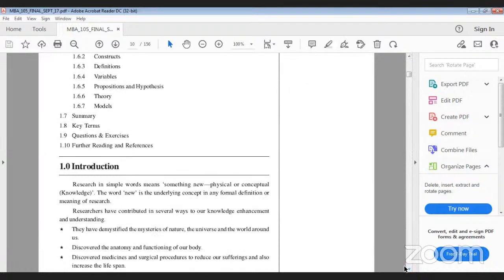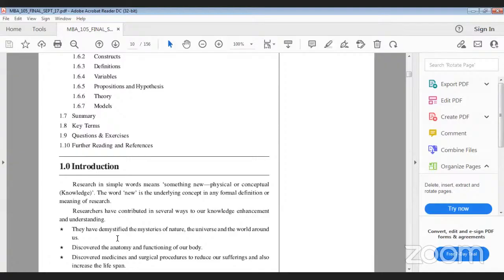Research, in simple words, means something new, physical or conceptual. The word new is the underlying concept in any formal definition or meaning of research. Researchers have contributed in several ways to our knowledge, enhancement, and understanding.